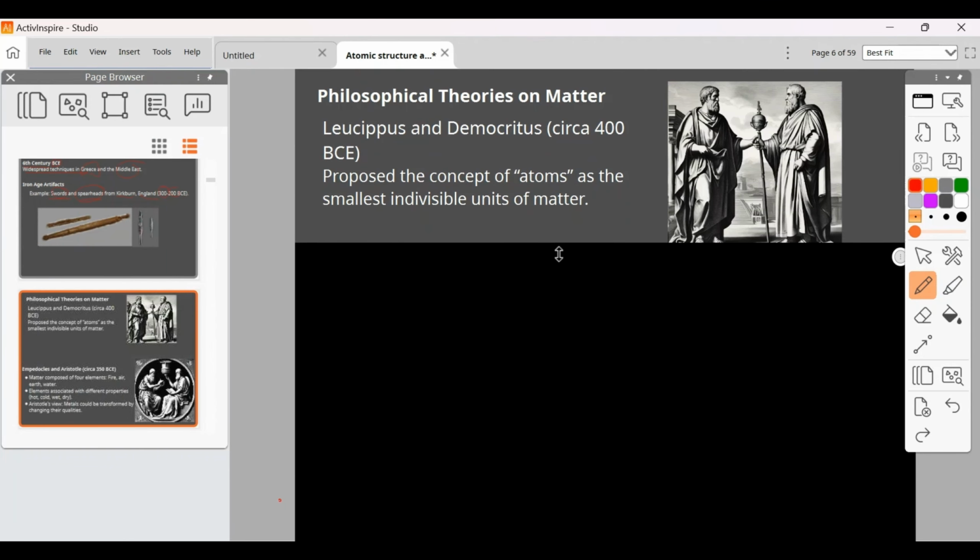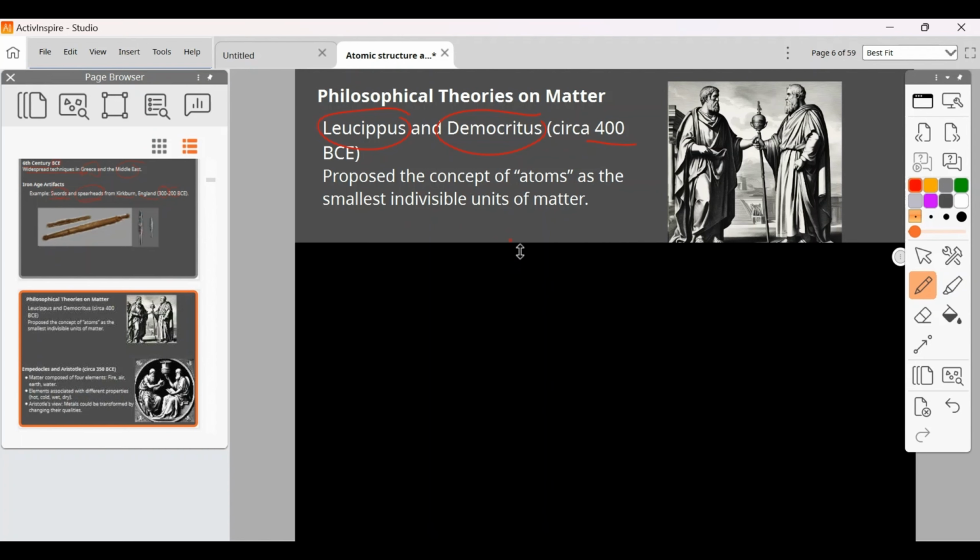So, philosophical theories on matter. Okay, this was 400 BCE. Leucippus and Democritus were two Greek philosophers who proposed the concept of atoms as the smallest indivisible units of matter.